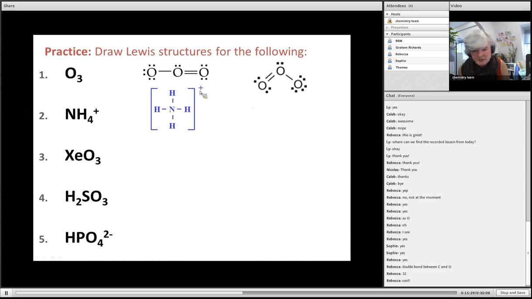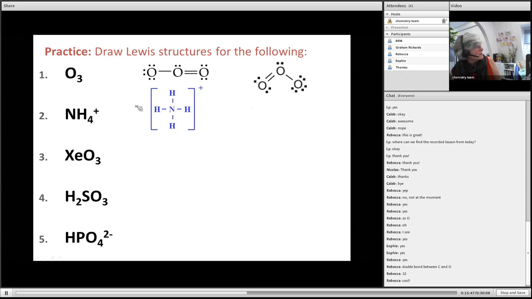So that's the convention you use. Don't forget that. You're not going to get it right if you leave out the square brackets. There's 3 places in level 3 chemistry where we use square brackets, and this is one of them, in Lewis structures for ions.